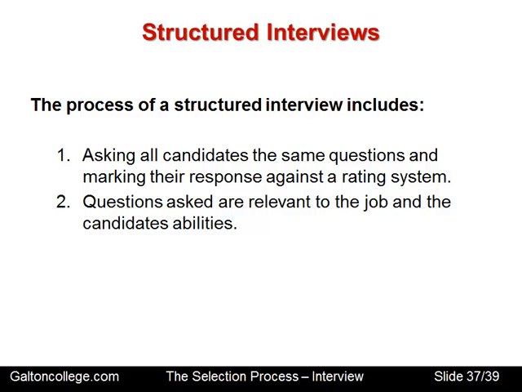There's one thing that's good that they like, and so they overlook all the others. But questions which are written out in advance and are relevant to the job and the candidate's ability control the interviewer. And the interviewer must get responses to those questions.